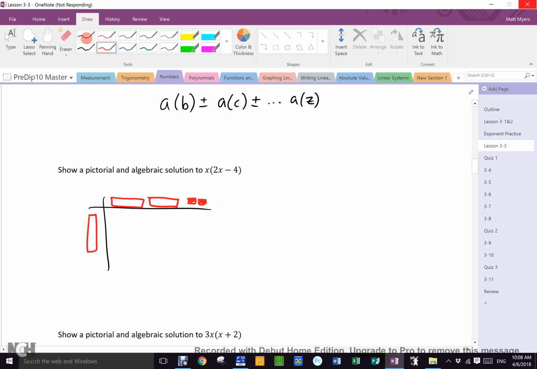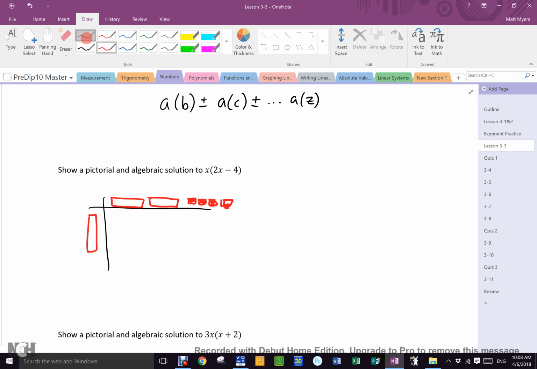Inside. I had 1x, yes? But that 1x has been stretched. Then I had another x. What happened to that second x? It's stretched. And I got another x.